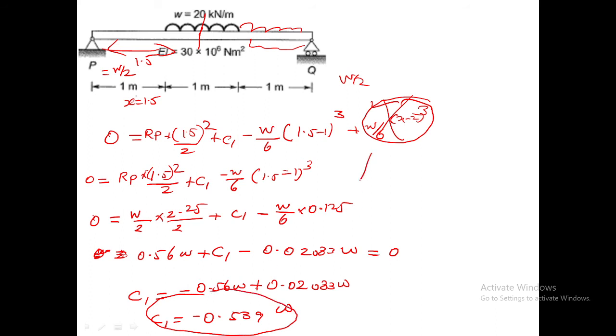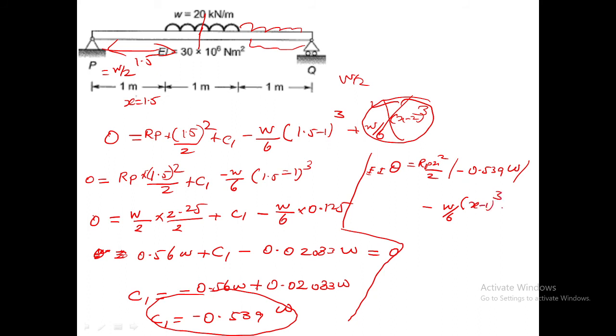Solving this, EI theta, theta max equal to RP x square by 2 minus 0.539 W minus W by 6 into (x minus 1) whole cube plus W divided by 6 into (x minus 2) whole cube.